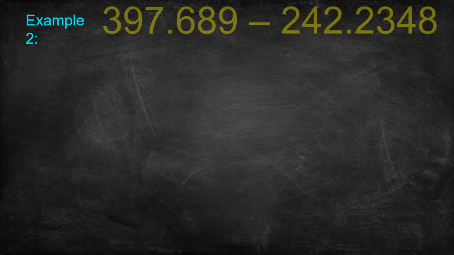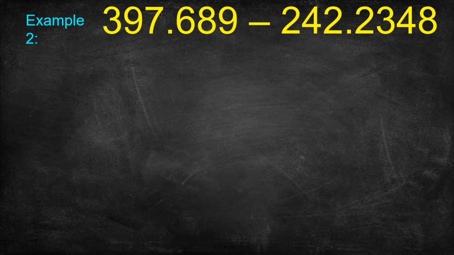If there is no question, let's proceed with example number 2. 397 and 689 thousandths minus 242 and 2,348 10,000s. So, as you can see, our first given, meron lang tayong 3 digits. Eh, dito sa ating pangalawang given, meron tayong 4 na digits.